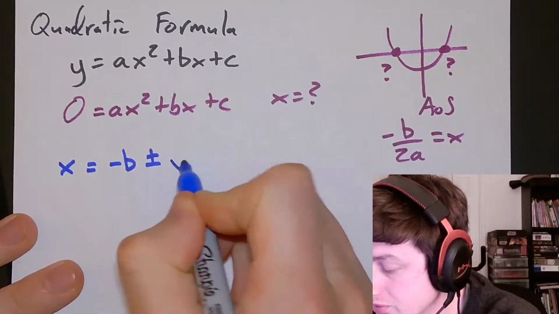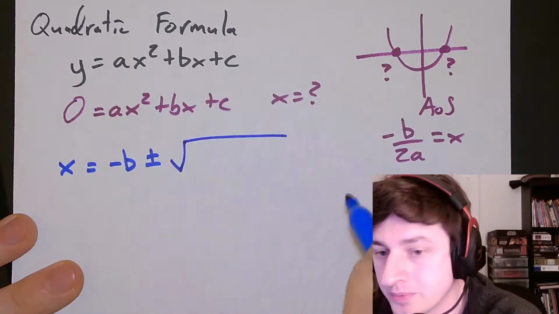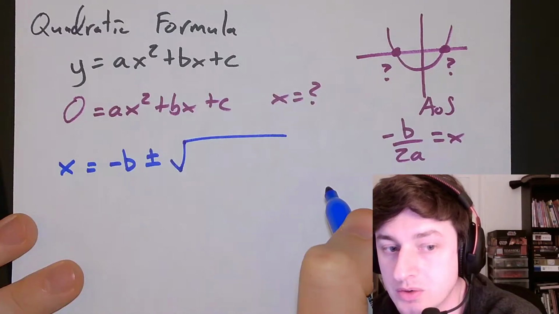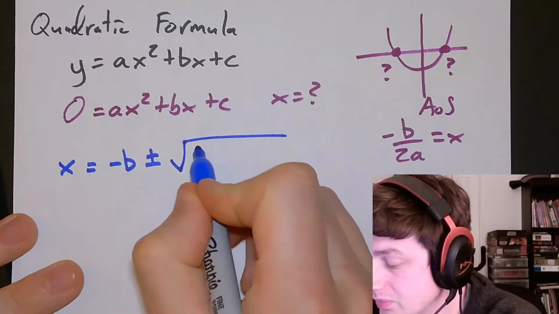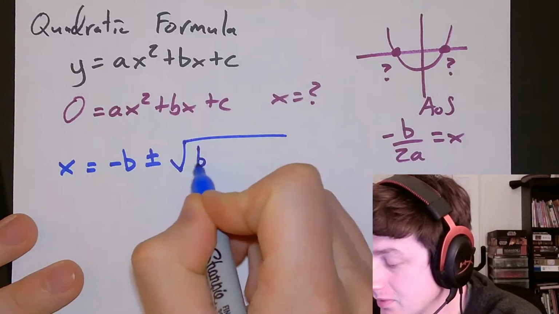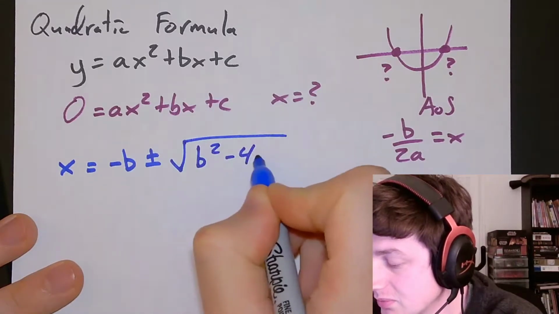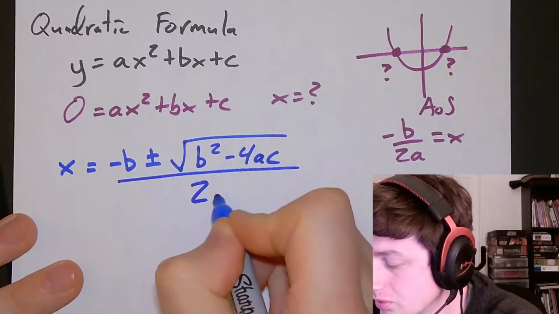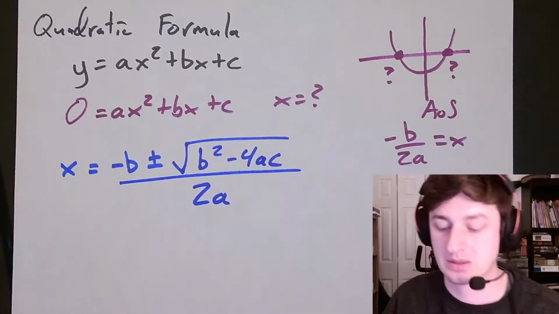The square root of, oh boy, I should get this right the first time. b squared minus 4ac all over 2a. Okay.